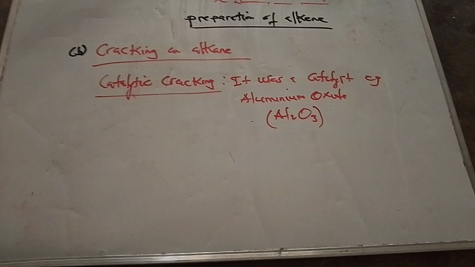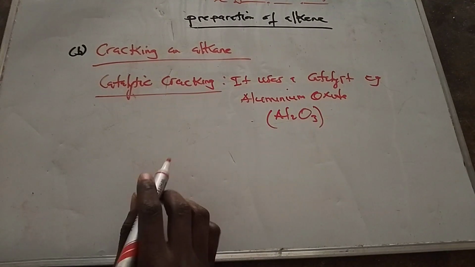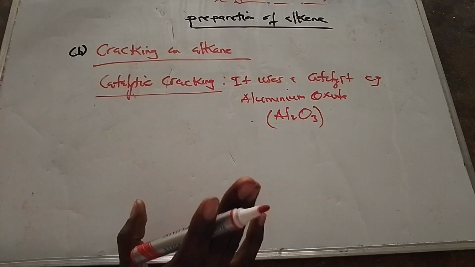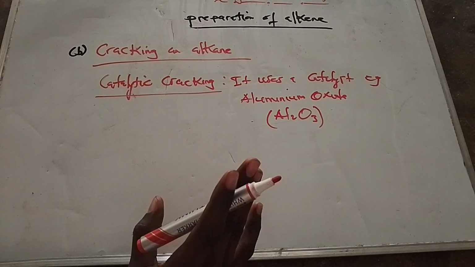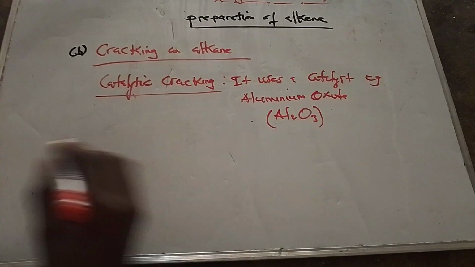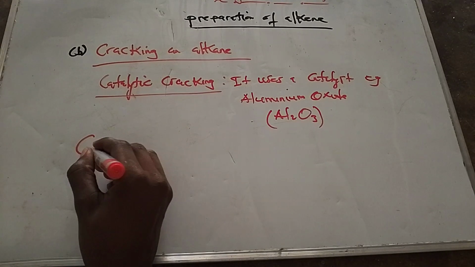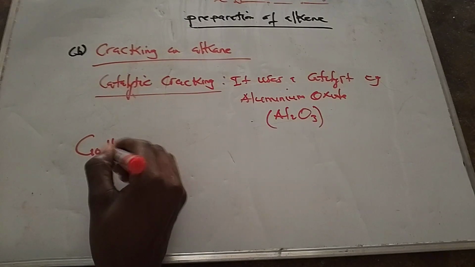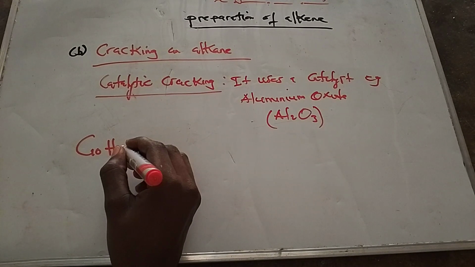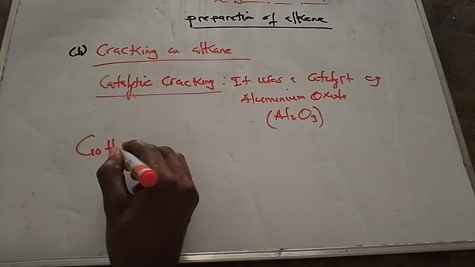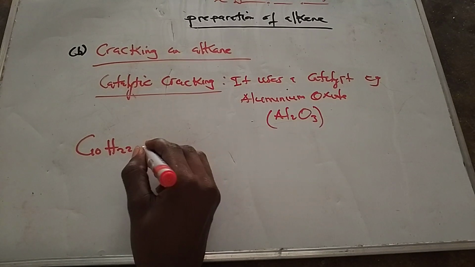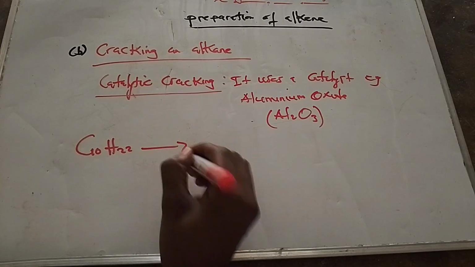Okay, so for example, in a cracking, let's crack the largest alkane which we have, let's use C10H22, a solid compound.